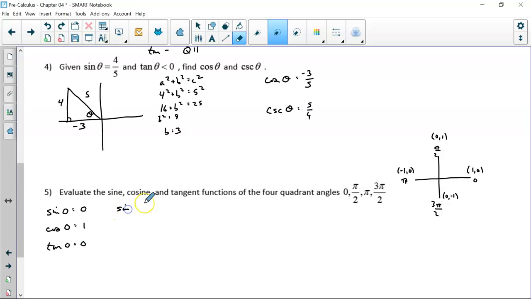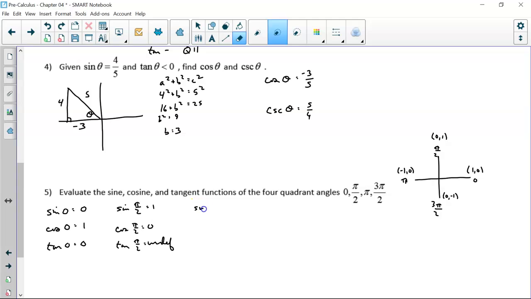The sine of pi over 2. Now we're here at pi over 2, so our sine is 1. Our cosine of pi over 2 is 0, and now our tangent, whenever we're on that y-axis, it's going to be undefined.